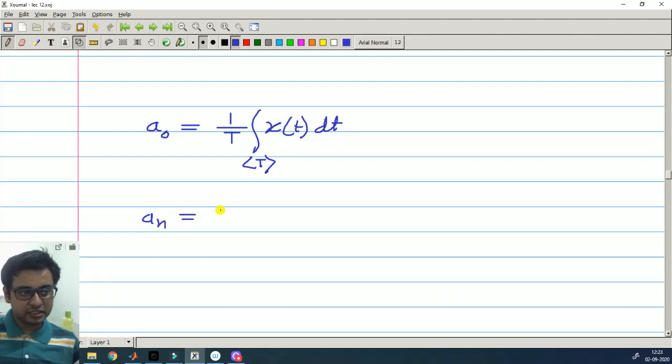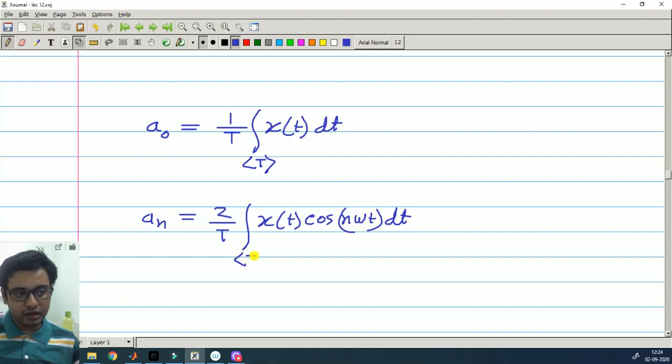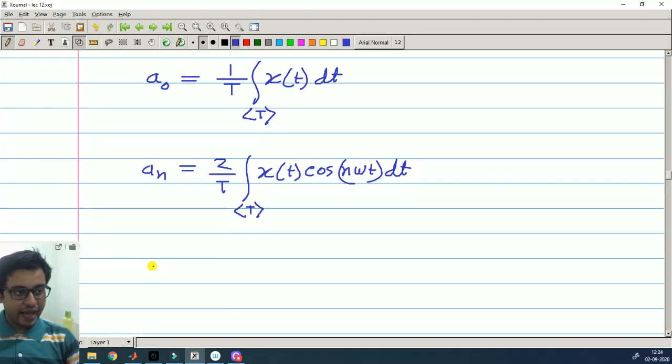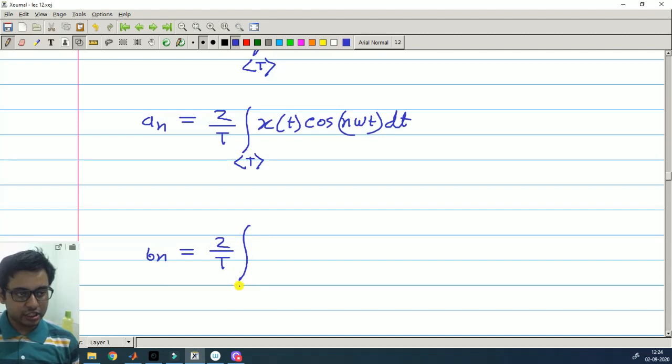An is 2 over T integration of xt cosine n omega t dt over a complete period, and Bn is 2 over T integration over a complete period of xt sine n omega t dt.